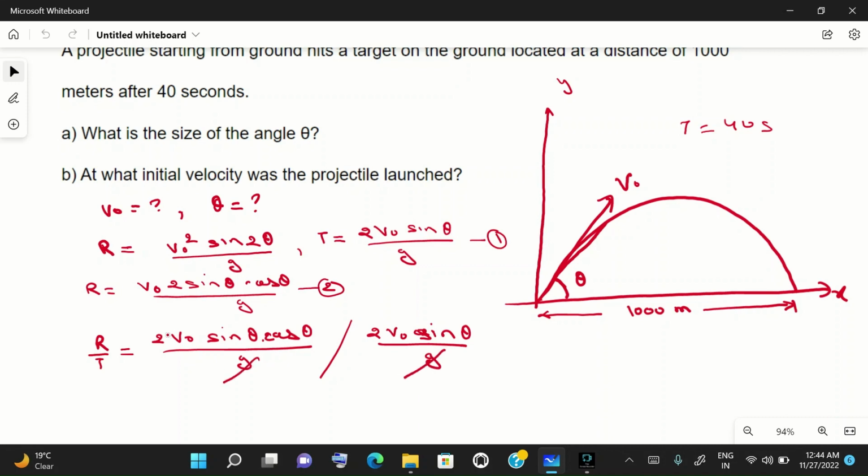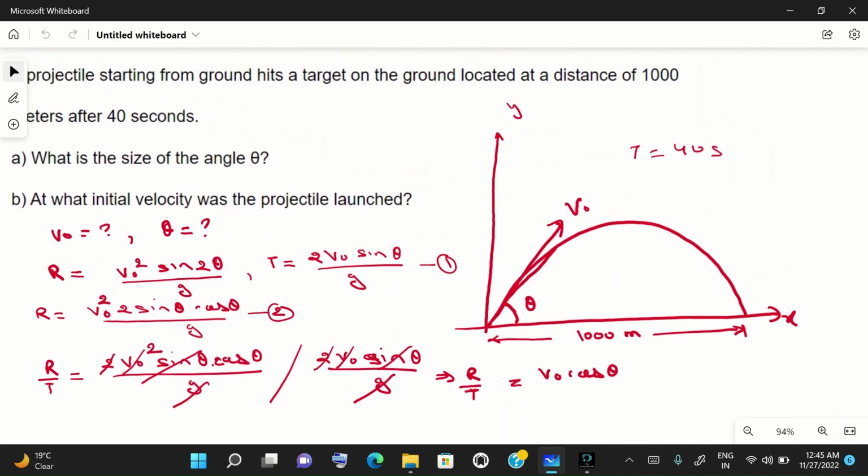This g will cancel with g, this 2 will be cancelled, sine theta will also be cancelled. Sorry, this was v0 square, so one v0 will be left. So R by T will be equal to v0 cos theta, everything else is cancelled.